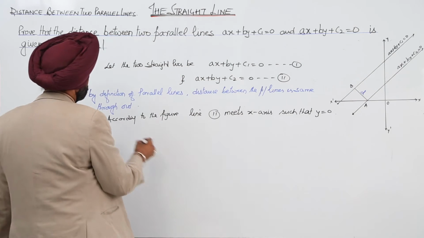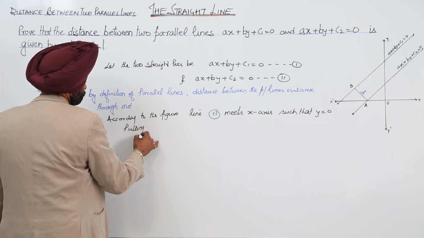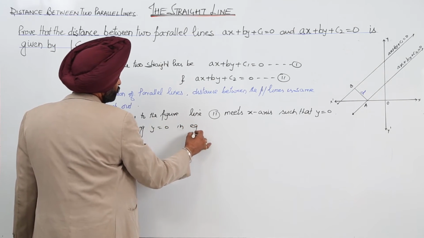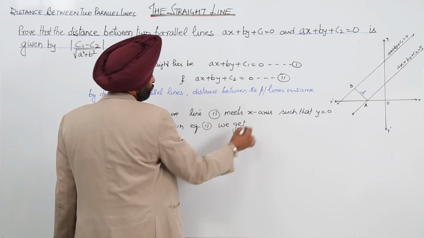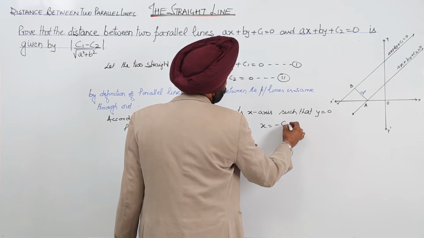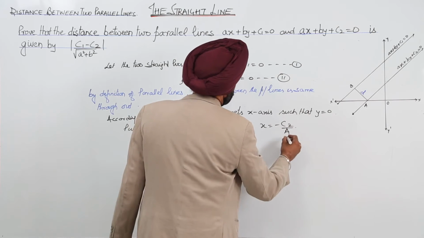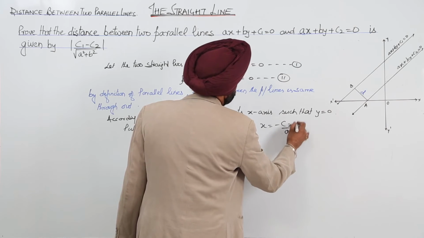Okay. Now, putting y is equal to 0 in equation 2, we get x is equal to negative of c2 upon a, negative of c2 upon small a.